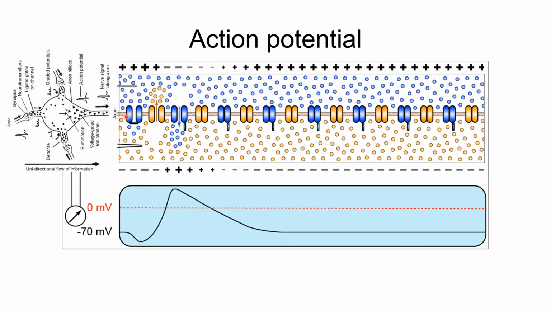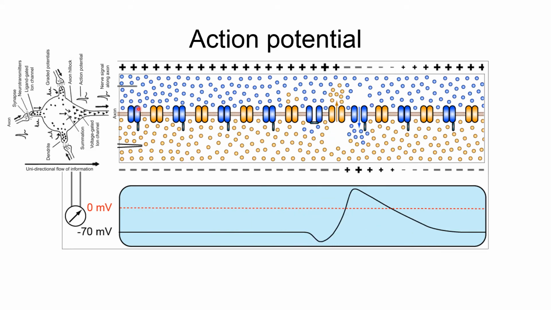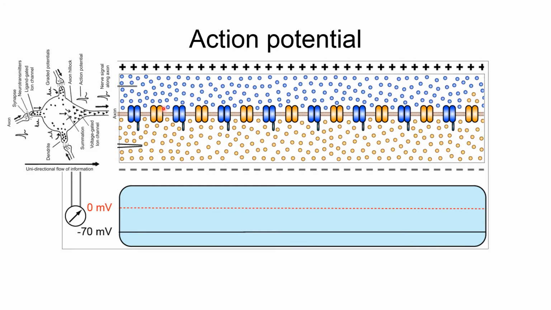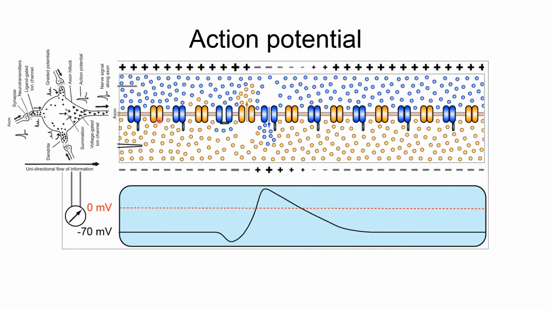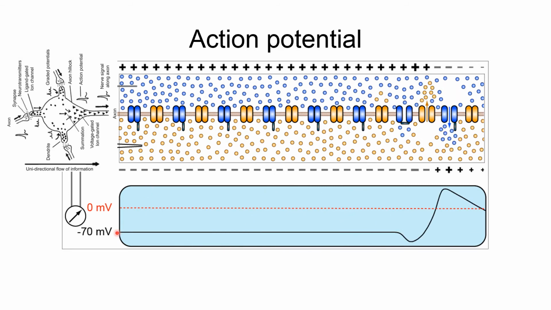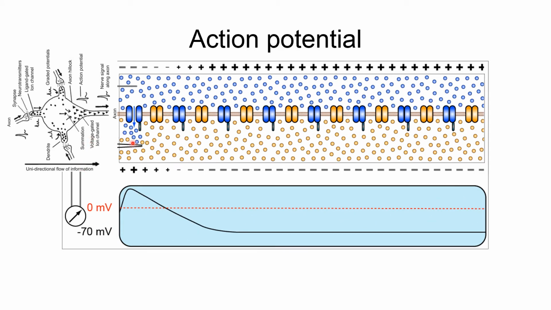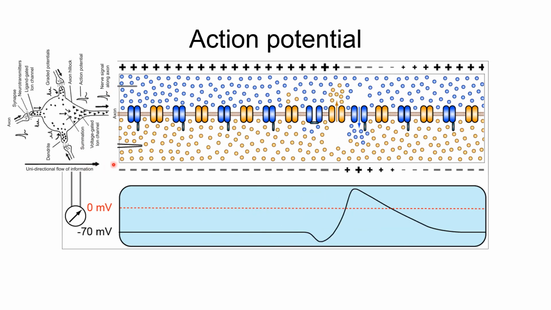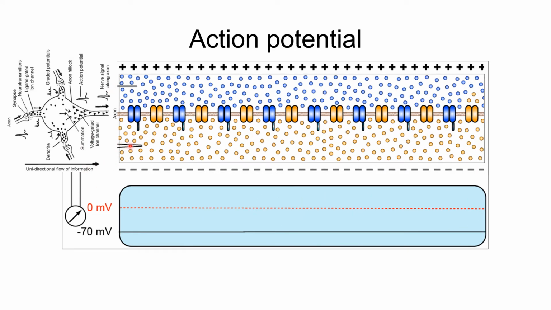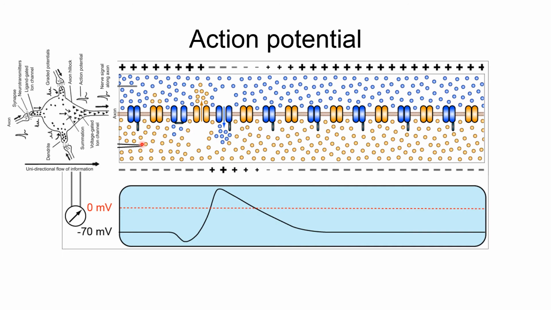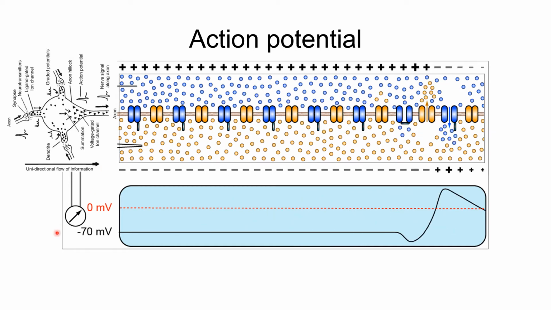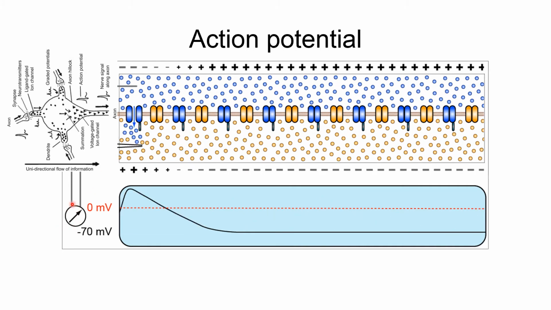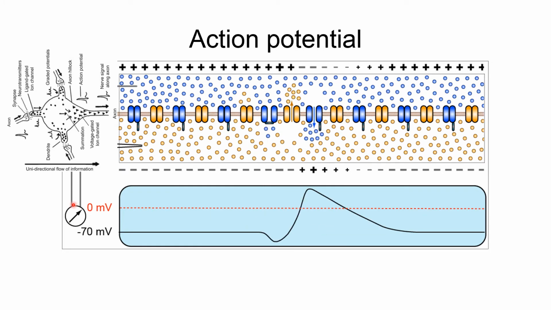These blue ones are sodium channels and brown are potassium channels. Here we have put a voltmeter. When we put one electrode inside the cell and one outside, it shows the potential difference, how much charge difference is present along the membrane.